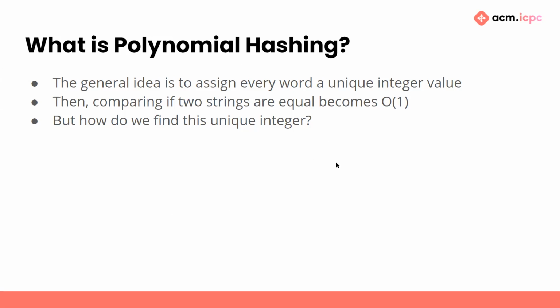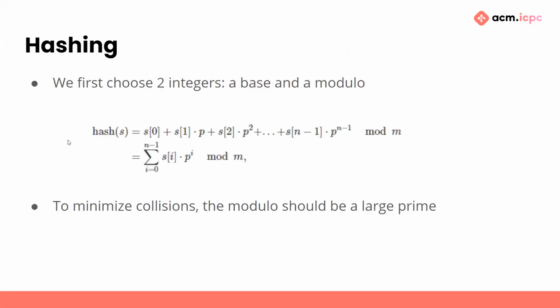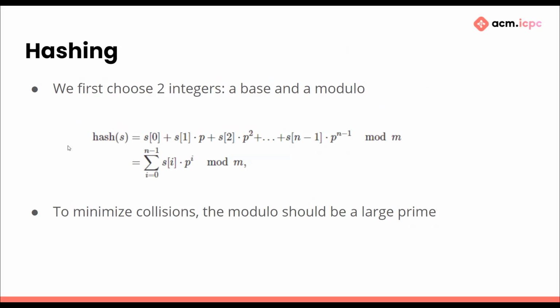And now the question we want to answer is, how do we find this unique integer? So we first choose two integers. We'll call one the base and the other the modulo. And so here you can see that S is the string. So S0 is the first character, S1 is the second character, and so on.